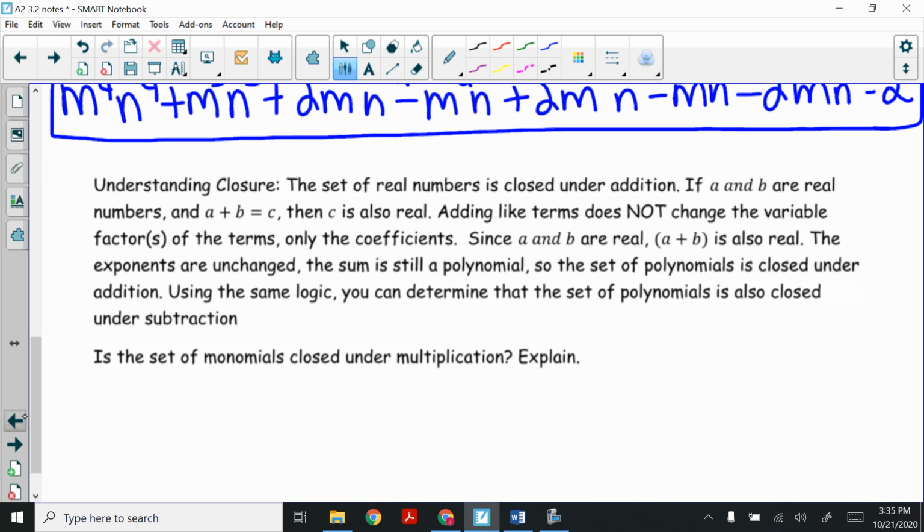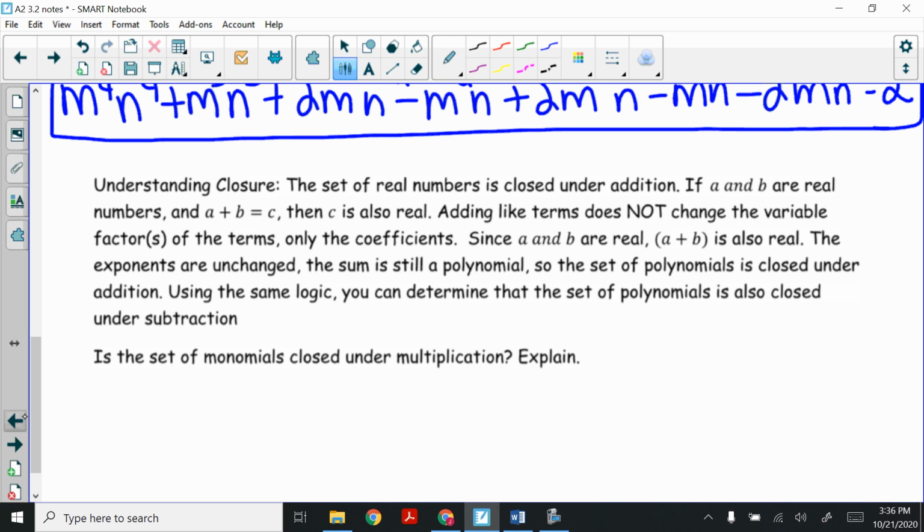Since a and b are real, a plus b is also real. The exponents are unchanged. The sum is still a polynomial. So the set of polynomials is closed under addition. Using the same logic, you can determine that the set of polynomials is also closed under subtraction.